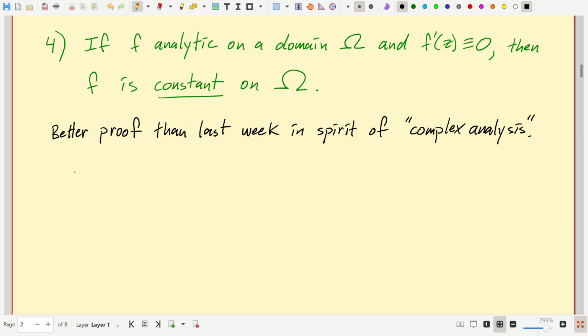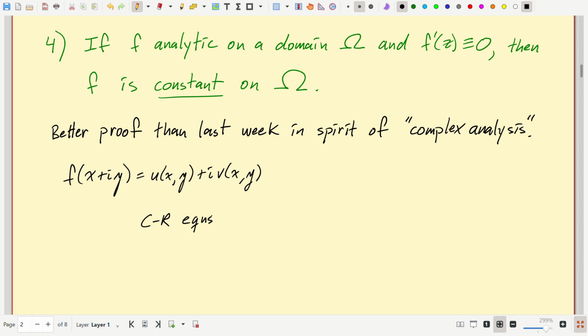Let's write like we do. f of x plus iy is u of x,y plus i v of x,y. Then we know that the Cauchy-Riemann equations hold. If the thing's analytic, we know the u's and the v's have first partial derivatives and satisfy the Cauchy-Riemann equations. And of course, u and v are continuous also.